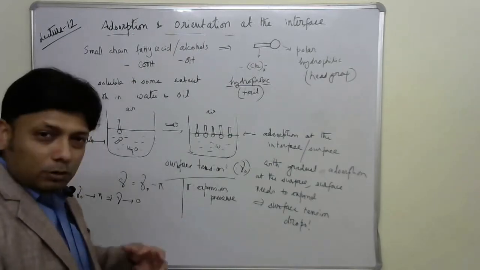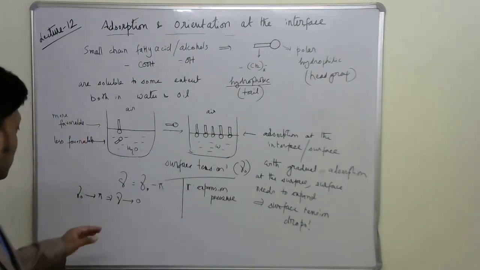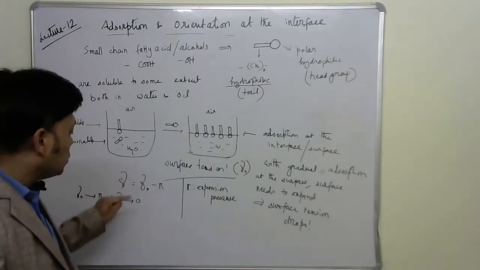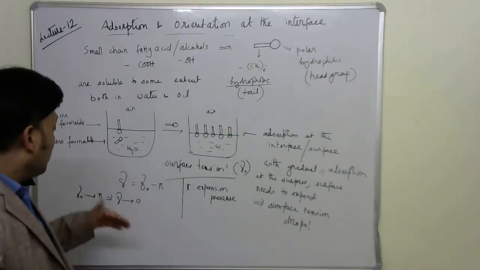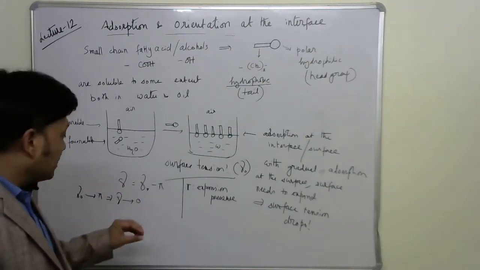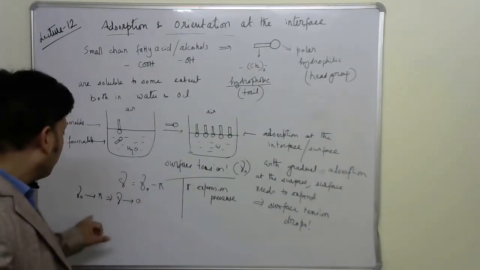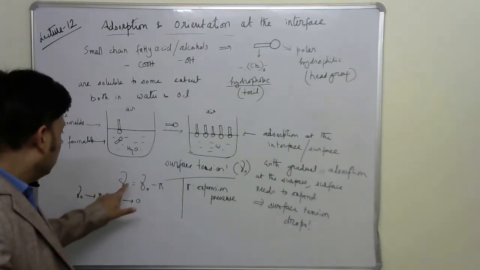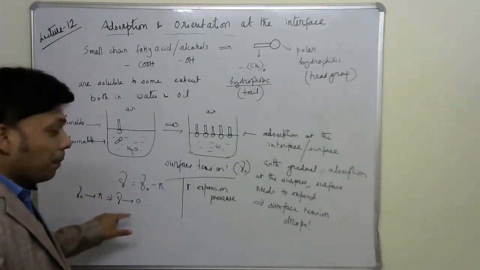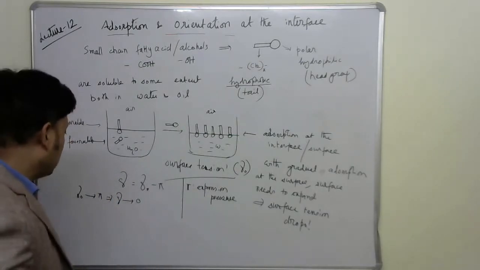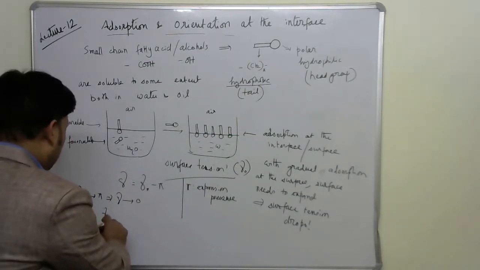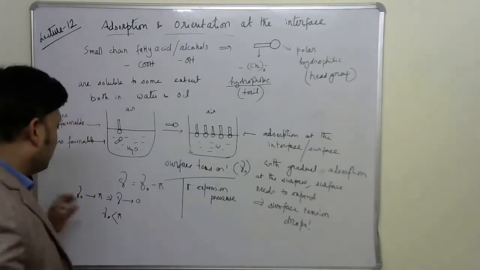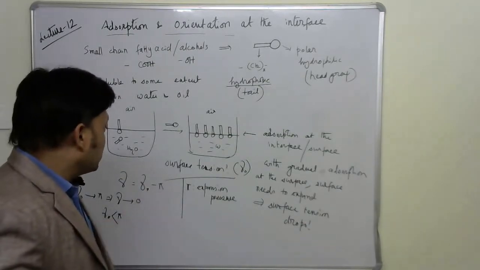So for a microemulsion to occur, we need the observed surface tension to be as close to 0 as possible. But sometimes, in certain extreme cases, the observed surface tension, this gamma, might even be negative. That means gamma naught may become smaller compared to the expansion pressure pi.